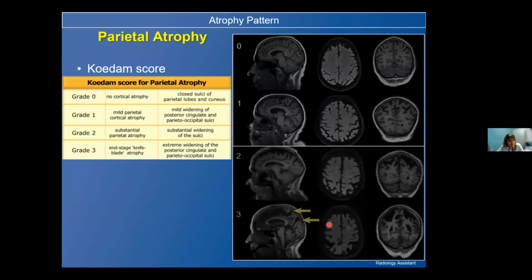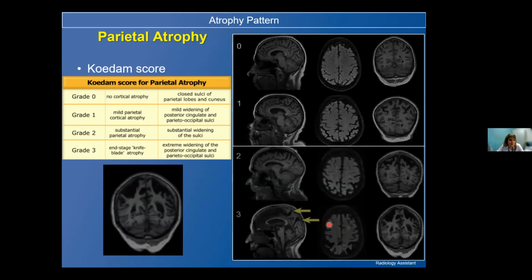So again, here, people have tried to create scales to quantify medial parietal atrophy, ranging from grade 0, or no cortical atrophy, grades 1 and 2, which are mild and substantial widening of the posterior cingulate and parietal occipital sulci, and grade 3, where we have extreme atrophy of the medial parietal region with the described knife blade appearance of the cortex, as demonstrated over here.